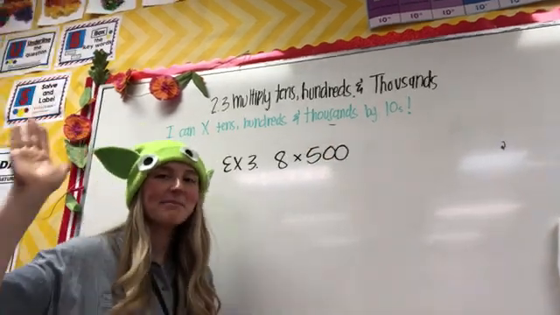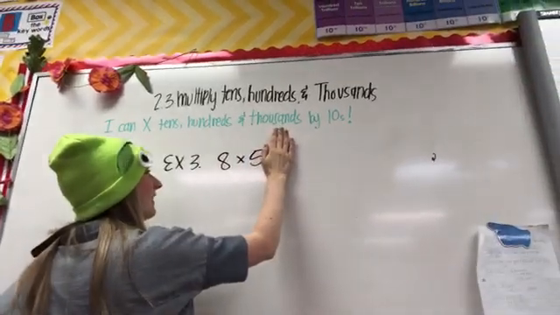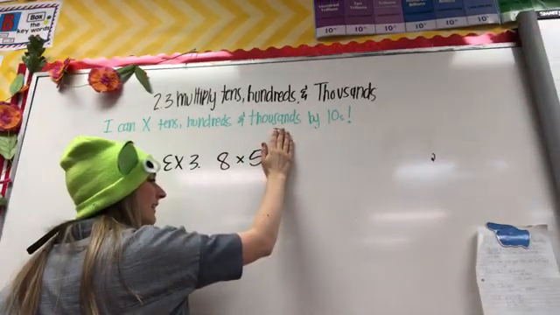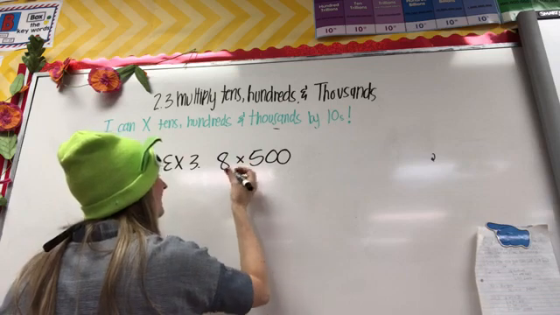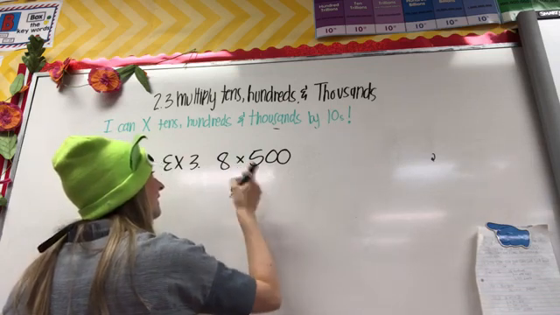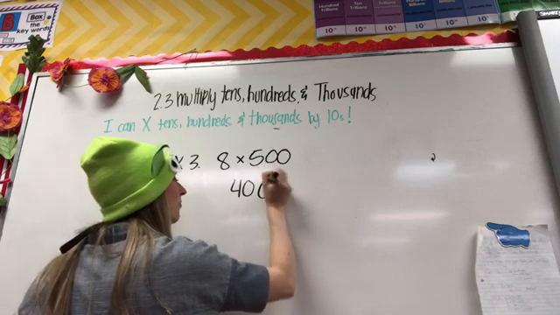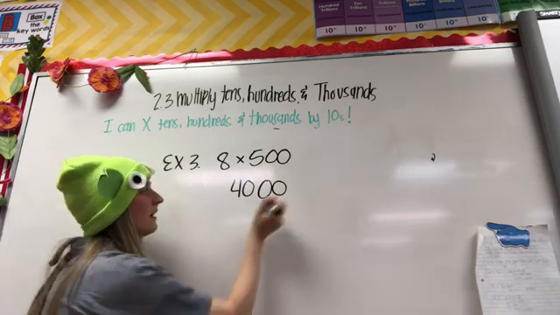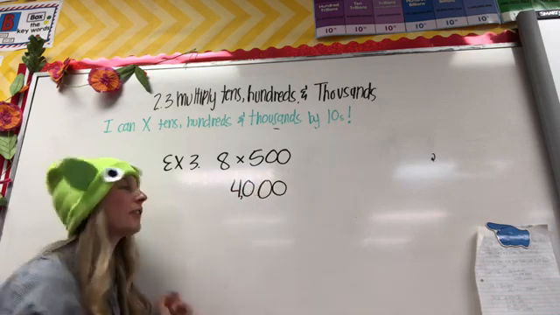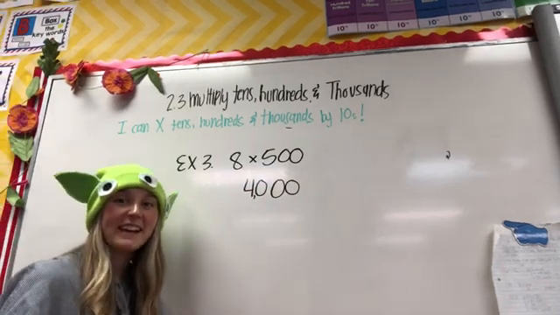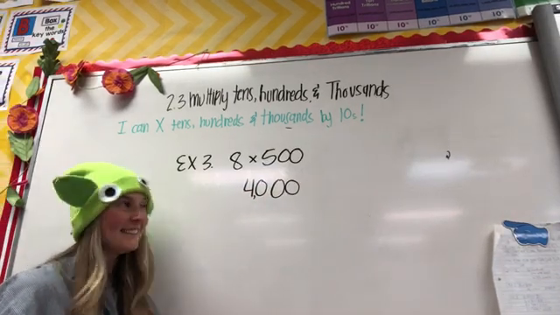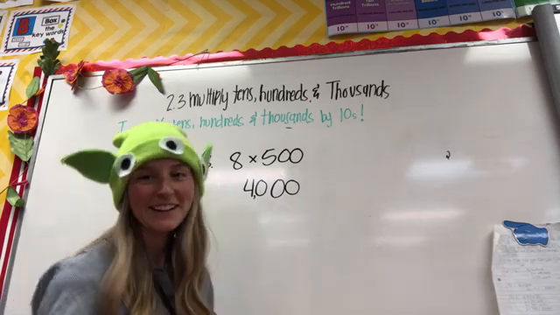Step 1, I take my hand, cover the zeros. 8 times 5 is 40. Times them, step 3, add those zeros back on. There's 1, 2 zeros, 1, 2 zeros. We count over 1, 2, 3. So 8 times 500 is 4,000. Crazy. You're doing great. Well, I hope you're doing great.